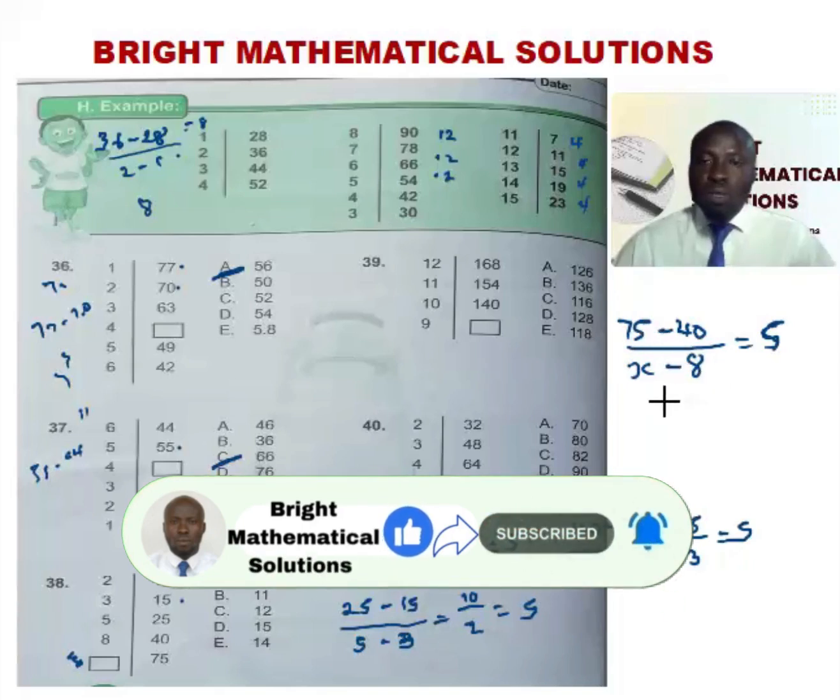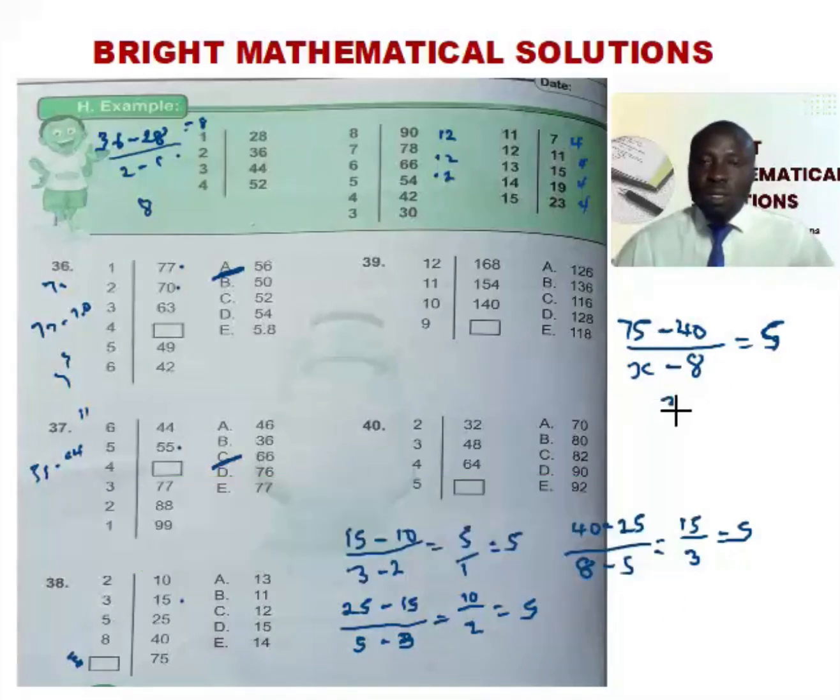So this gives us 35 over x minus 8 equals 5.